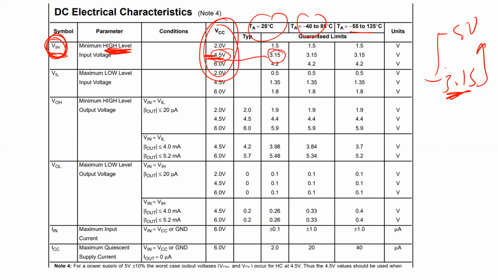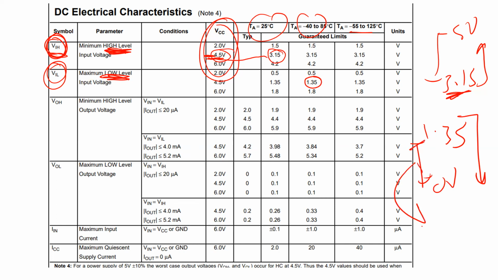Same thing we have here, the input low. This is the maximum value that can be counted as low, as logic 0. For example, if you do the same thing, it's going to be 1.35. So any voltage from 1.35 down to 0 volt will be taken as logic 0, and anything up here will be taken as logic 1.